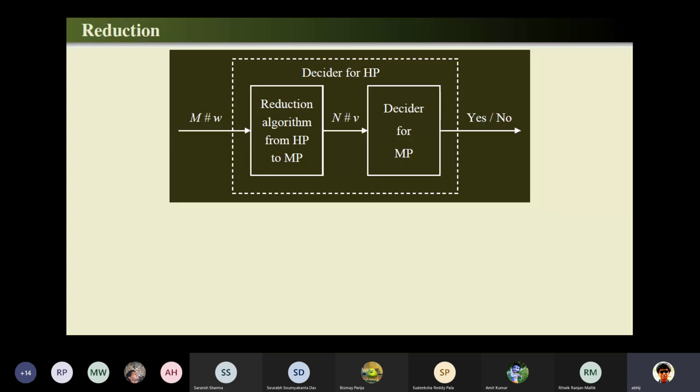It's not a yes no kind of decision making machine. It's a kind of converting input of one problem to the input of another problem. That satisfies the property. In this case, this reduction must satisfy that M halts on W if and only if N accepts V.